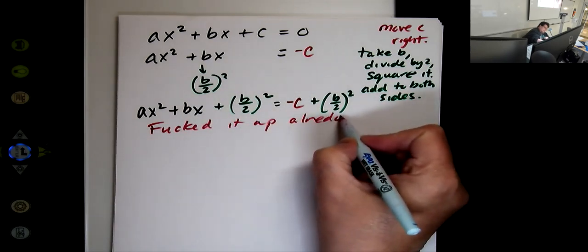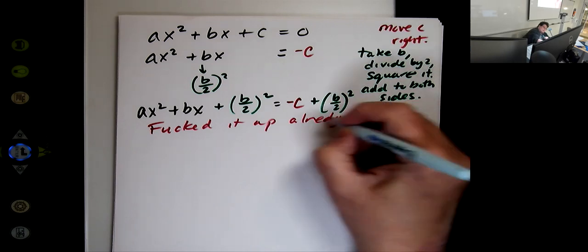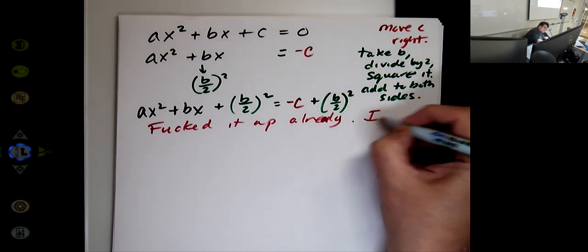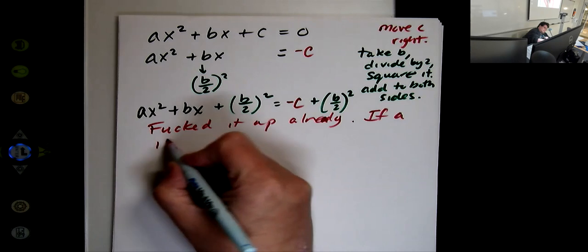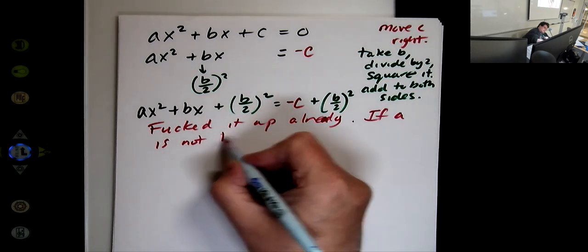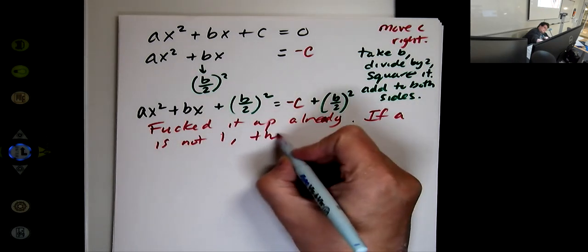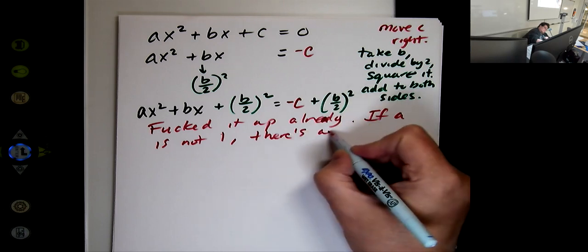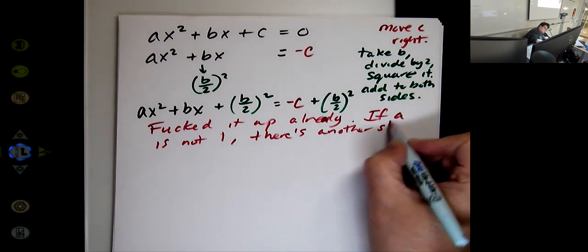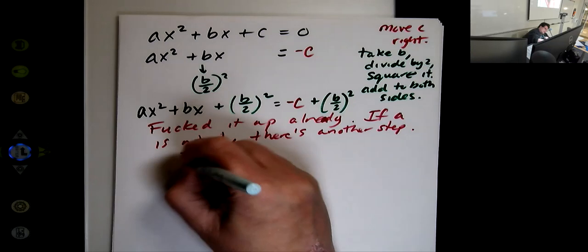We want a to be 1. If a is not 1, there's another step before it. Divide by a first.